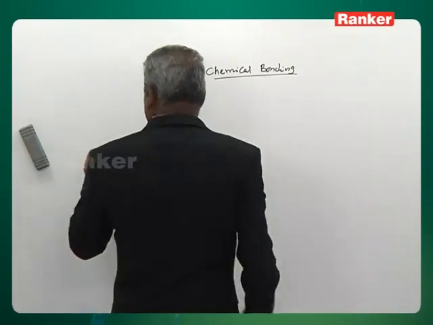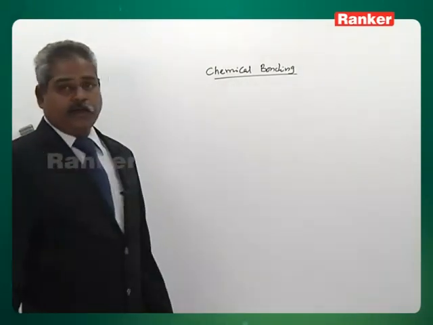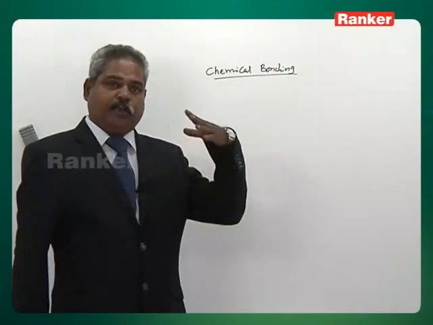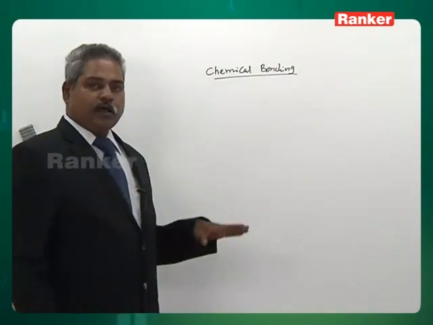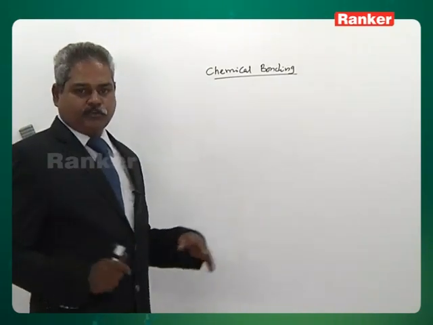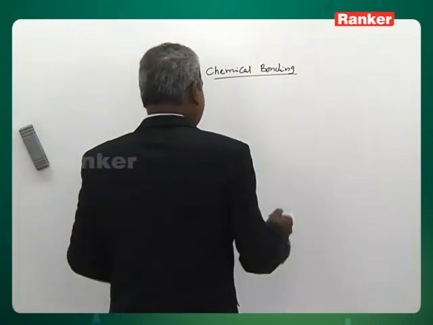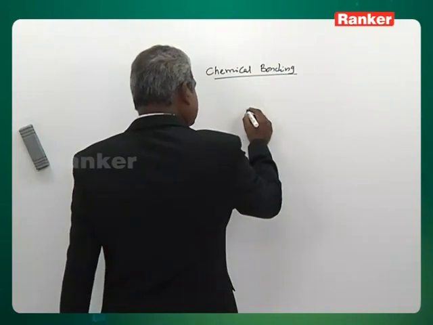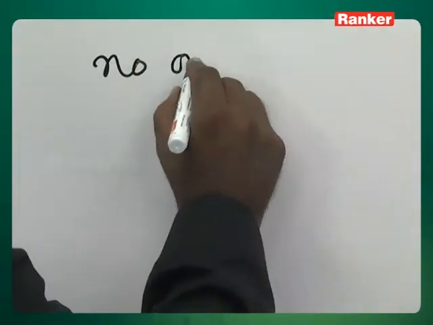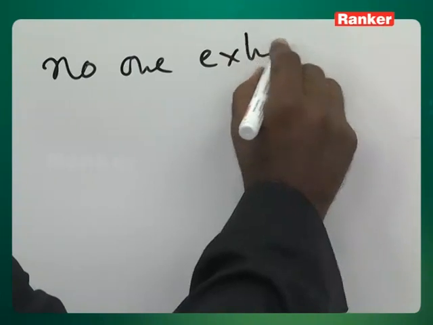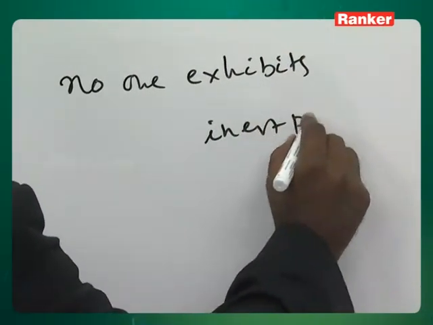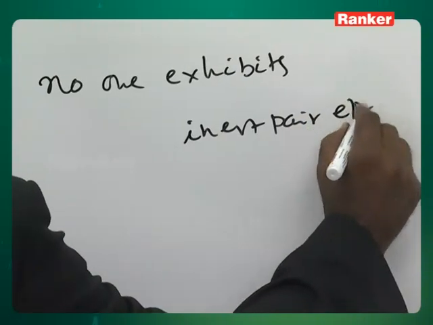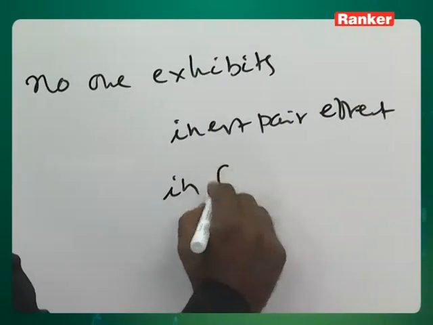So, where can you see this inert pair effect? While all other elements want to go to high oxidation state, as many bonds as possible, only these four are satisfied with the minimum number of bonds. But no one exhibits inert pair effect in front of fluorine.